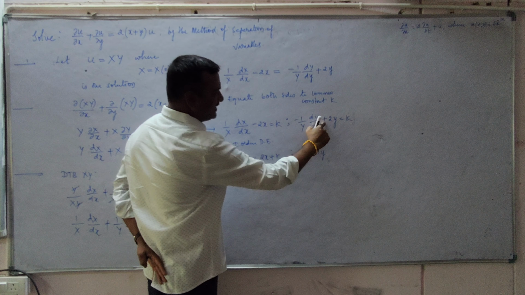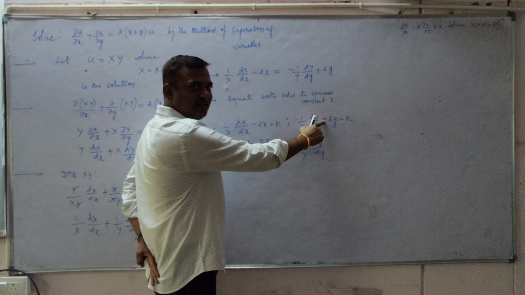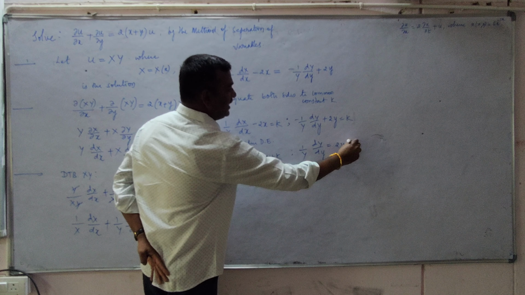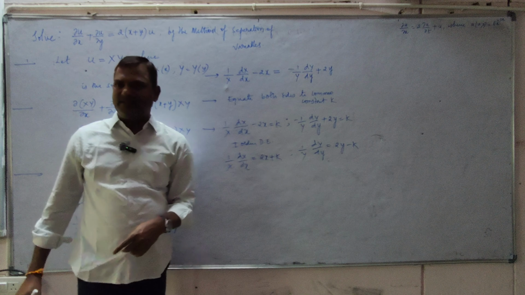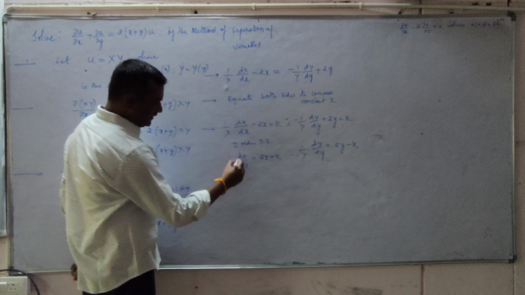When I multiply the minus sign, this becomes plus and this becomes minus. Minus goes to the right side: plus 2y. Either you can write plus k or minus k, it doesn't matter because it is after all a constant.